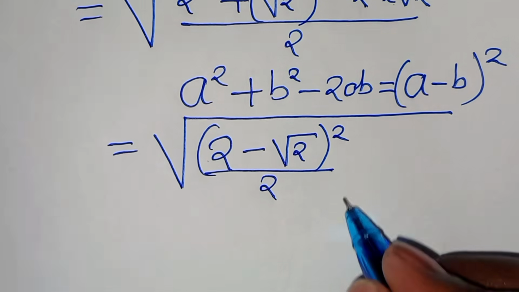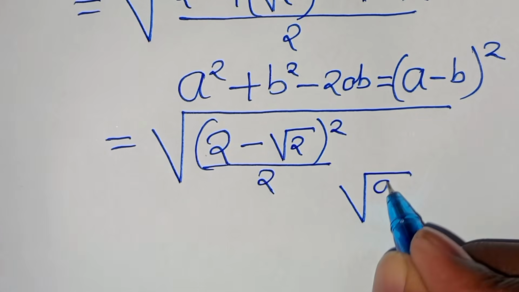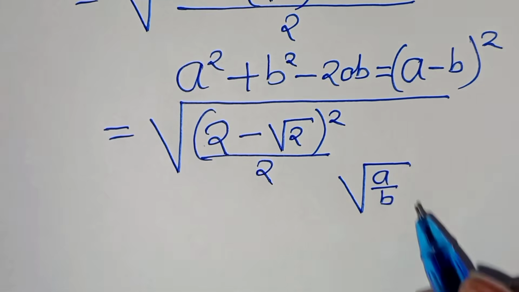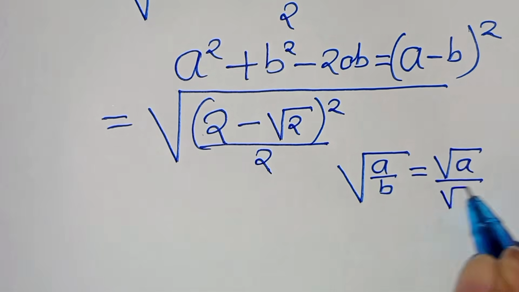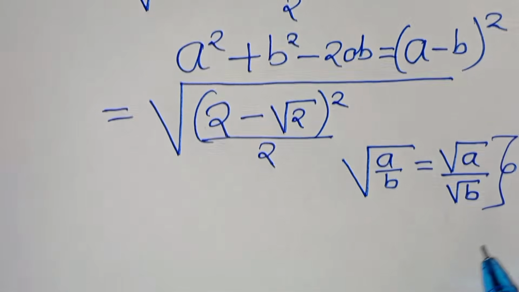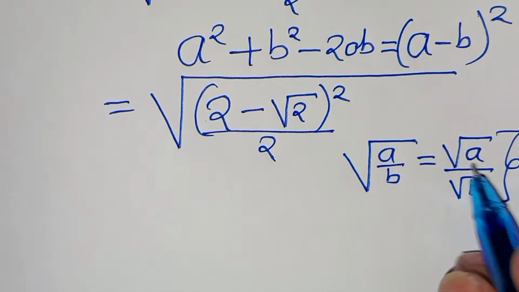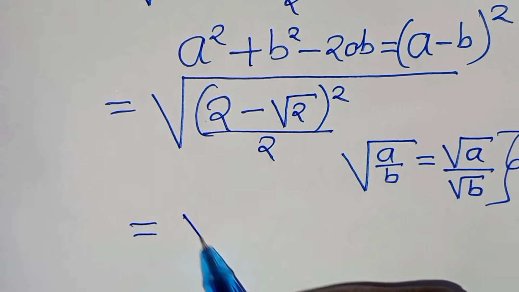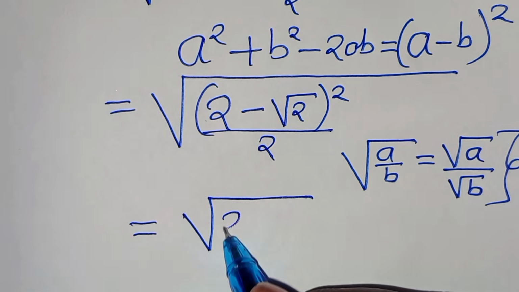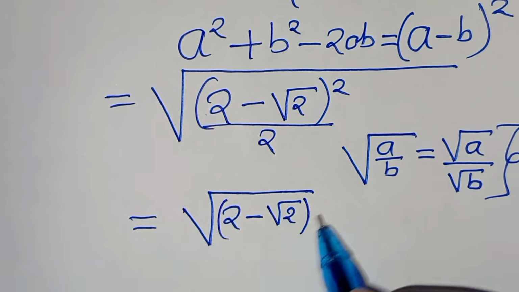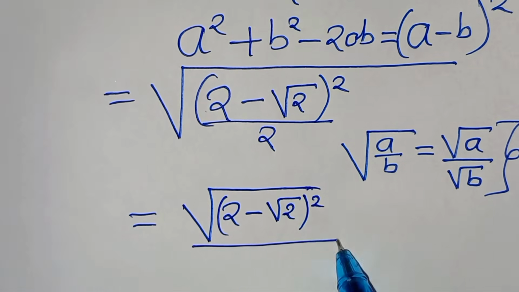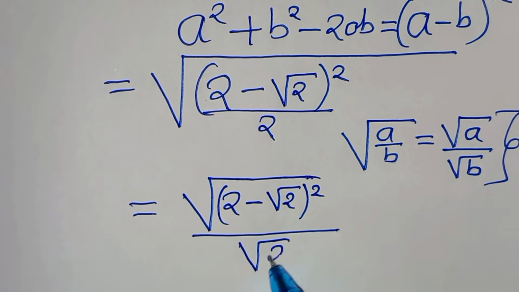We have that the square root of a divided by b can be expressed as the square root of a divided by square root of b. Applying this property, this implies that here we have the square root of 2 minus square root of 2 raised to the power of 2, then divided by square root of 2.